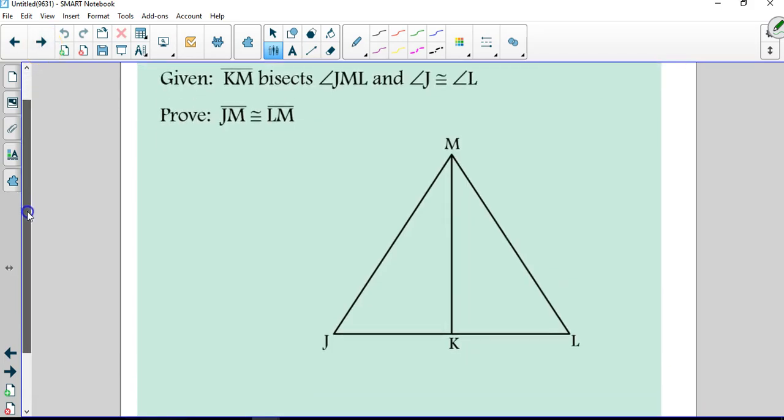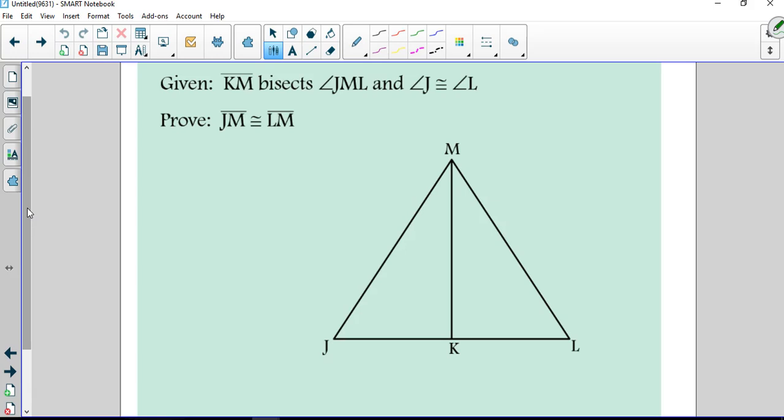So, given that KM bisects angle JML, we know those two angles are equal. And J is congruent to L. We also know that this is equal to itself.